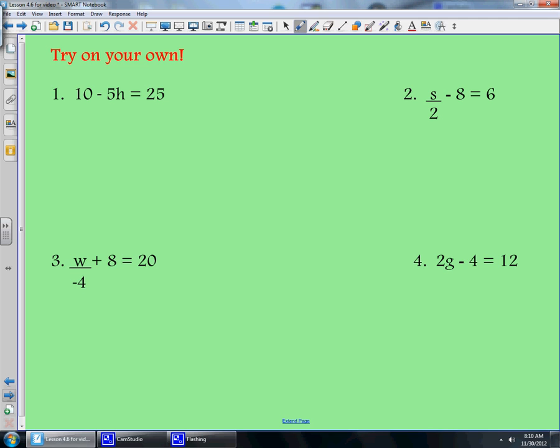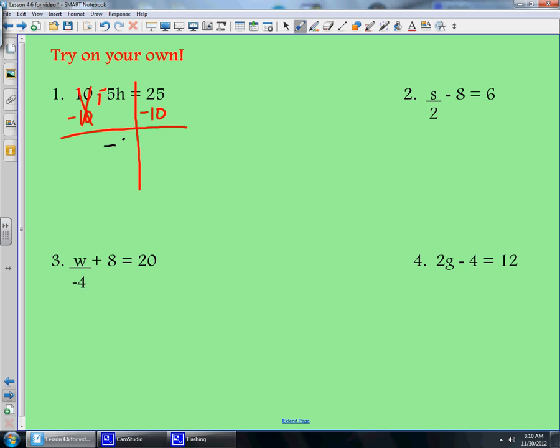Let's see how you did. So the first thing we're going to do is change subtraction to addition. So 10 minus 5h becomes 10 plus negative 5h. 10 is the number being added to the variable, so the opposite of 10 is negative 10. So we're going to subtract 10 or add negative 10 to each side.